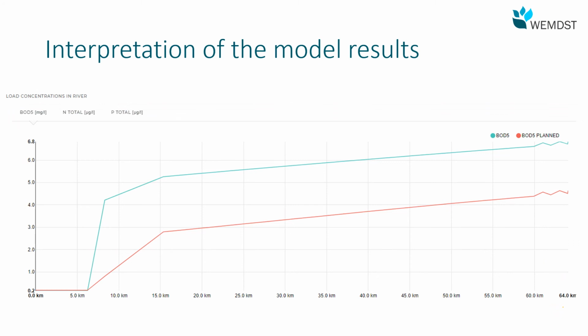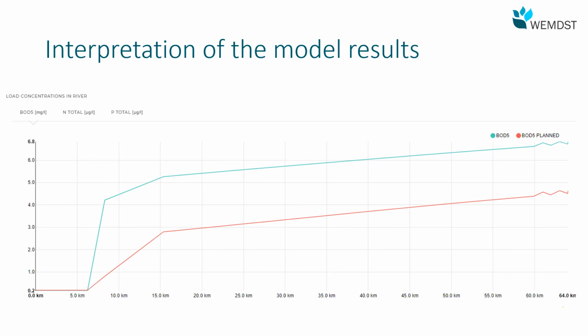The concentrations can also be observed on a chart. Here we can see on the vertical axis the concentration of BOD5, and on the horizontal axis the river stationing. On kilometer 6, the water is discharged from the sewage of Skadar city.